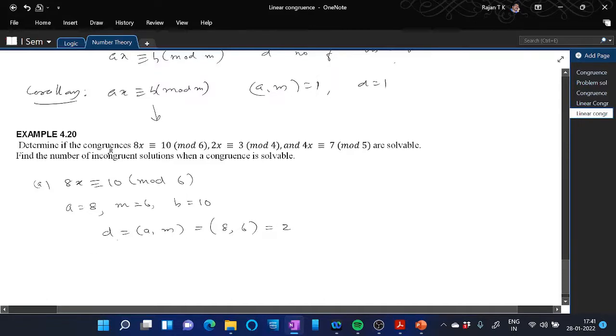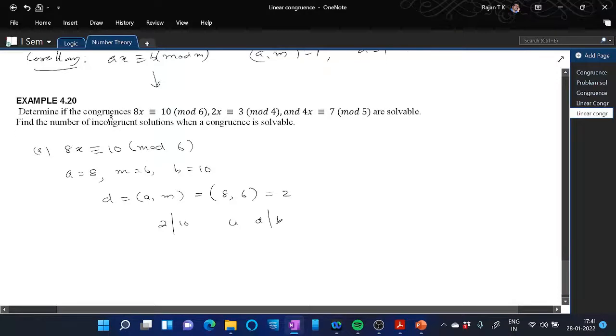And we can see that 2 clearly divides 10. That is, D divides B. By the theorem, the linear congruence has solutions, or it is solvable. And the number of incongruent solutions is this D, that is 2.